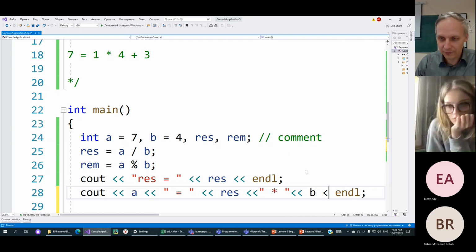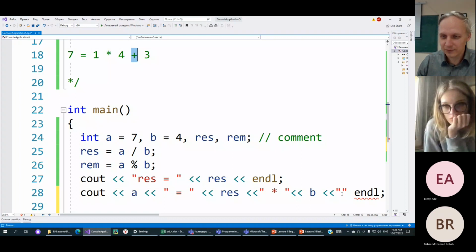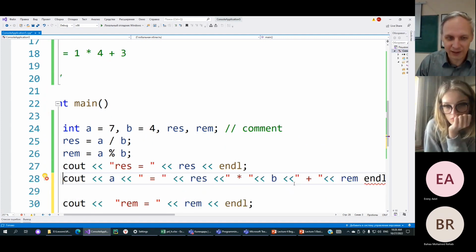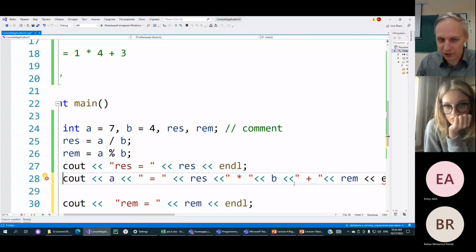B, then plus, and the remainder. So we have here this large output statement. Let's check it.